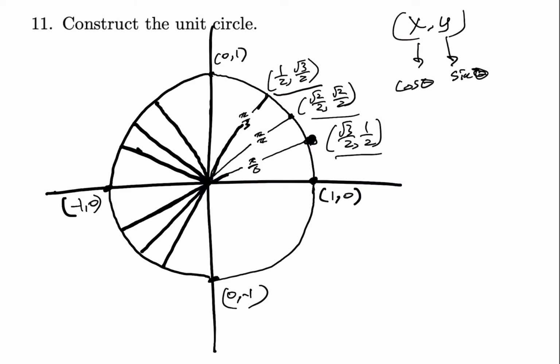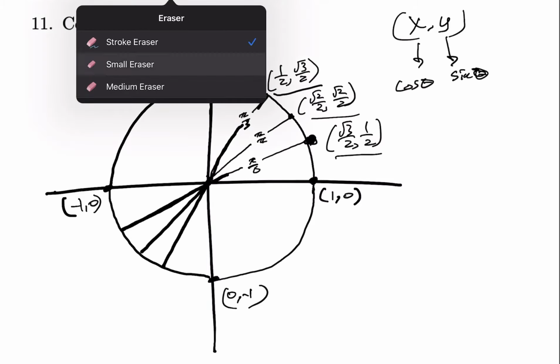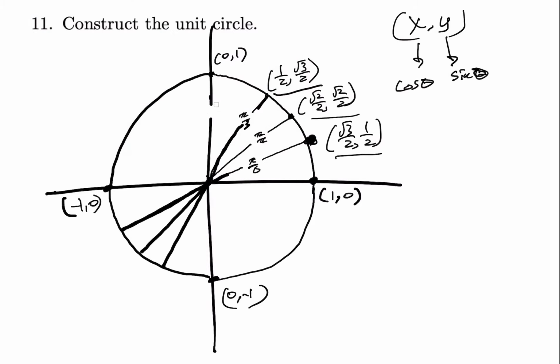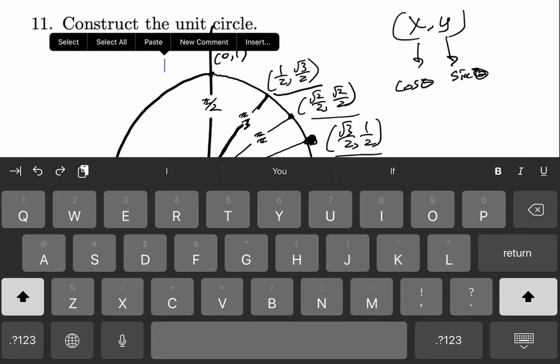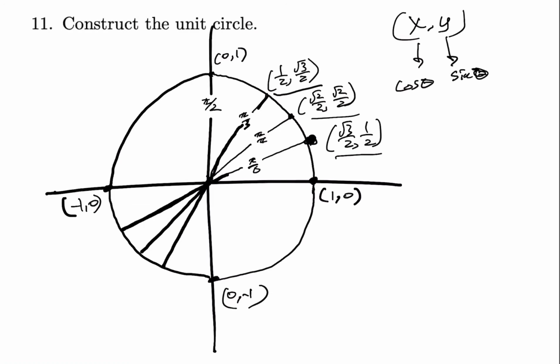So let me leave some room for the angle. First of all, this angle right here is pi over 2, right? Pi over 2. So what's the next angle?